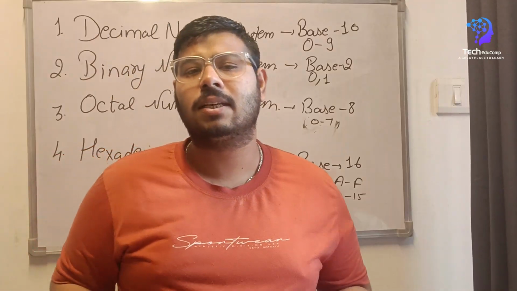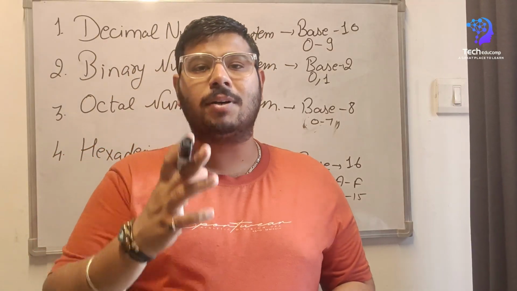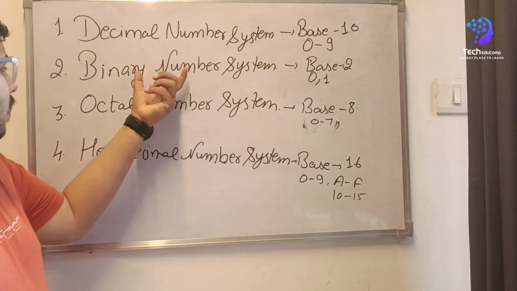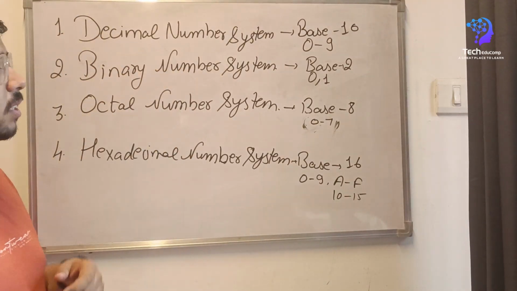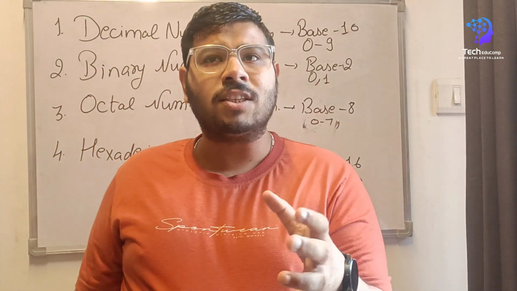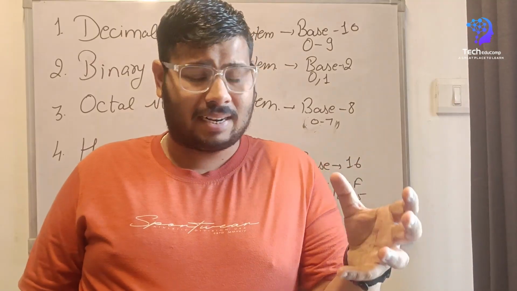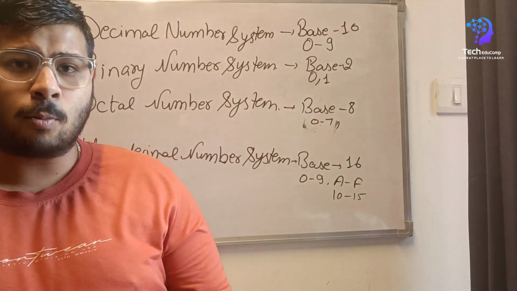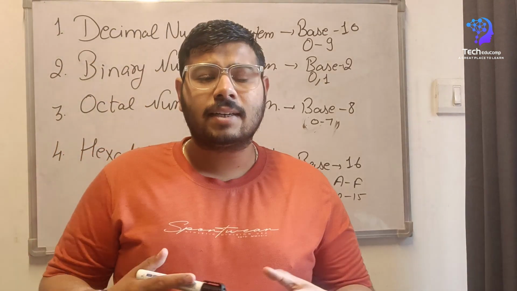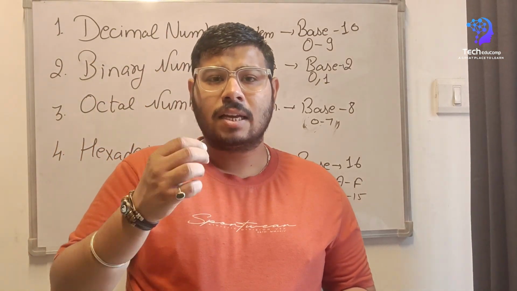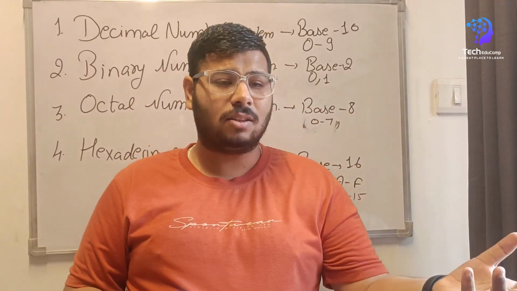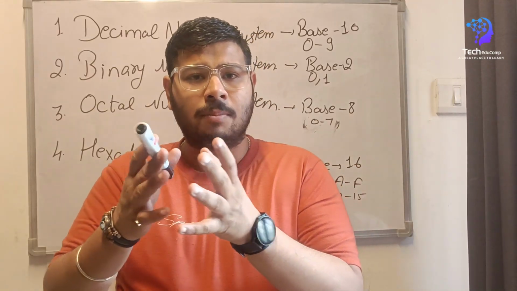Each number system has a unique purpose in digital communication. For example, take the binary number system. Every device we use that is connected to the internet, like your laptops and mobile phones, understands the binary number system. They are actually programmed in binary.